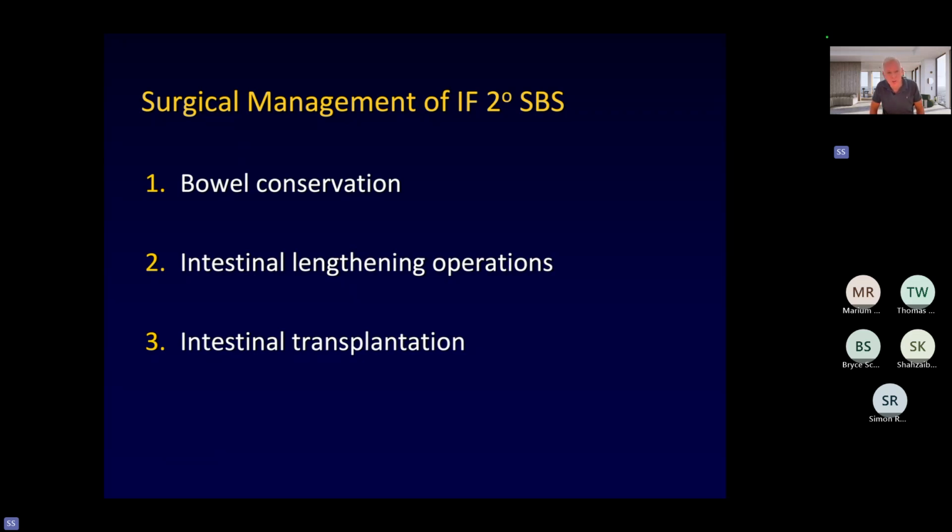The role of surgical management, when considered, is to conserve the bowel. It is to attempt to lengthen the bowel surgically, and finally, intestinal transplantation. Again, this is a modality which is being used less and less frequently as our ability to rehabilitate patients with intestinal failure has improved.